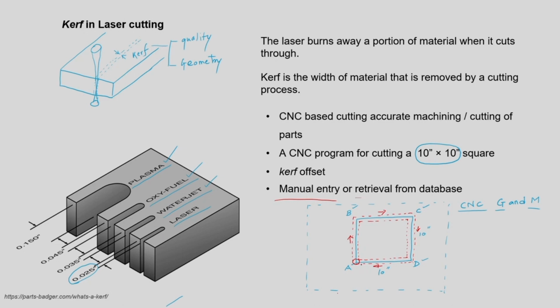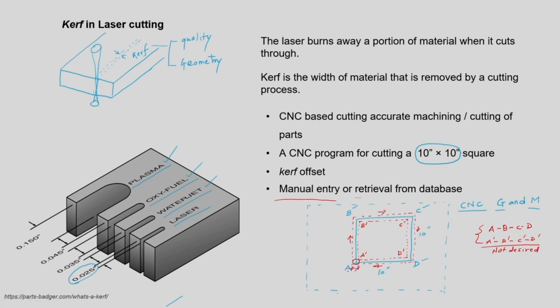We were expecting exactly A, B, C, D, but ultimately we got A dash, B dash, C dash, D dash. This is not the desired geometry that we are getting, because the CNC is not considering the curve width.